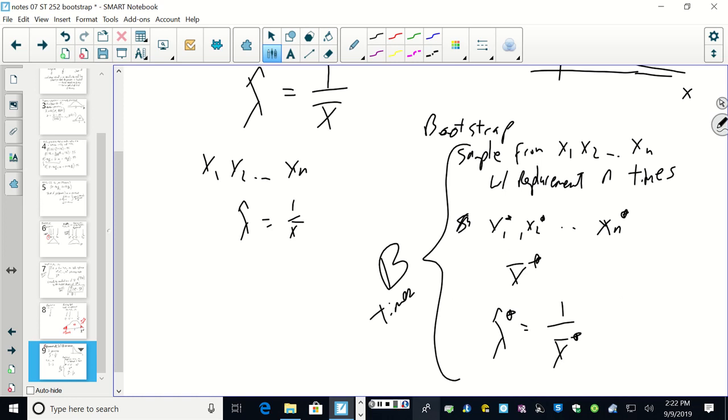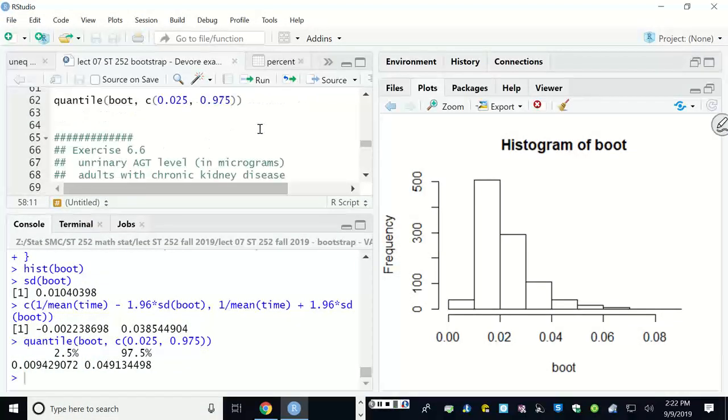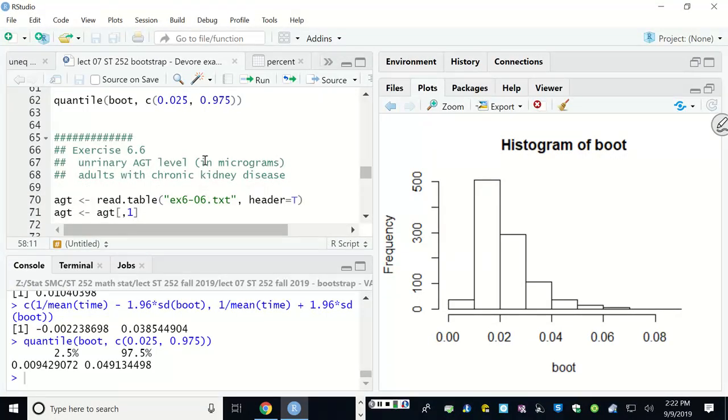Yeah, that was this one. The last one that's on there is a different example: measurements of AGT level in micrograms in adults with chronic kidney disease.